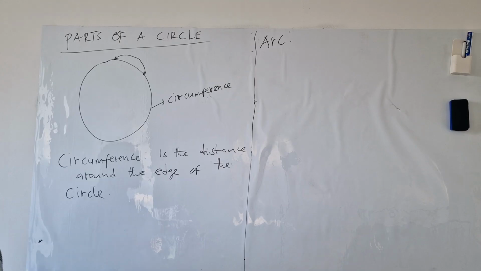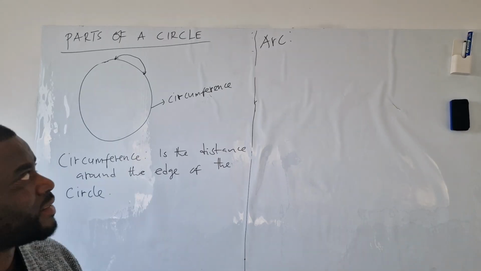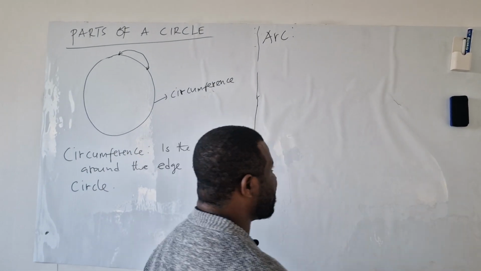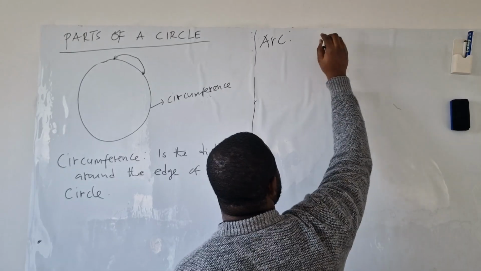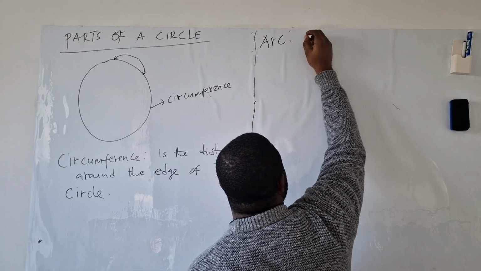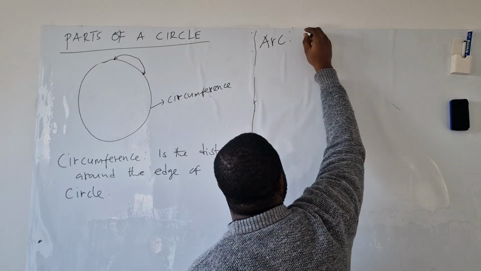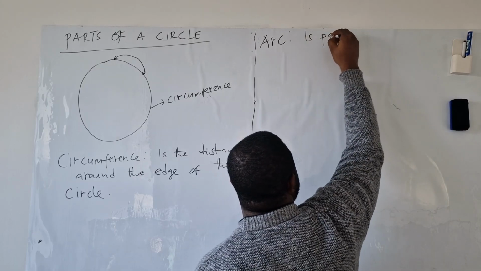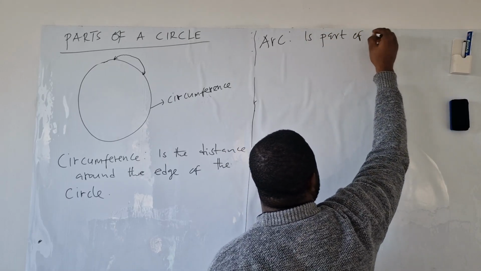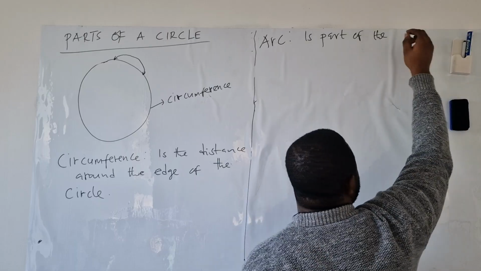So we define arc as part of the circumference of a circle.